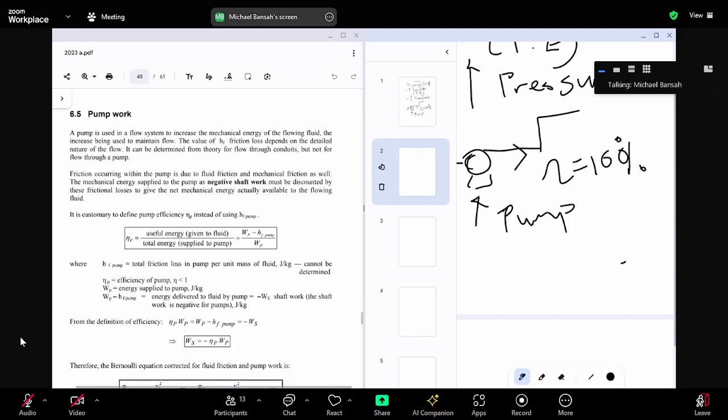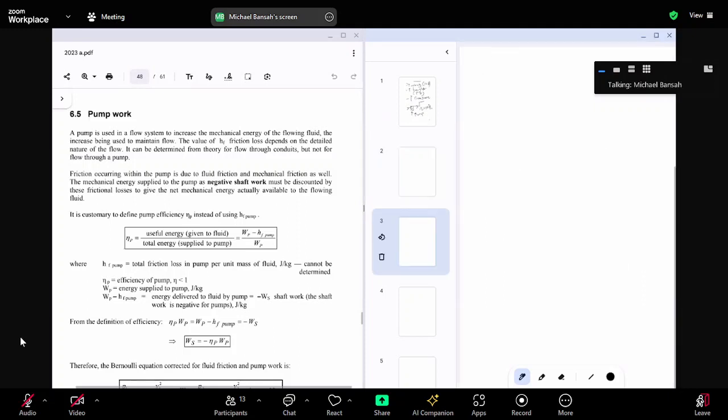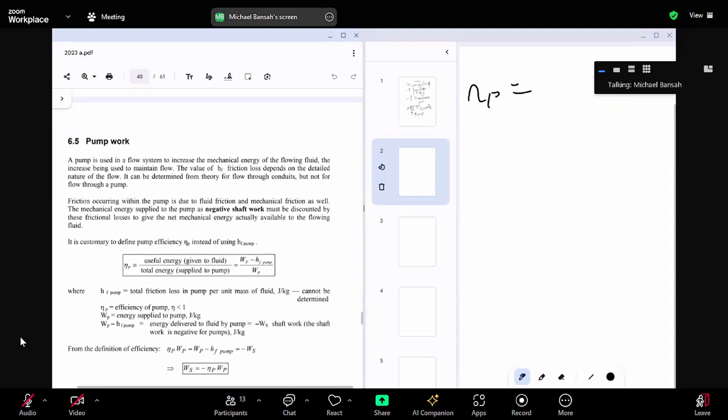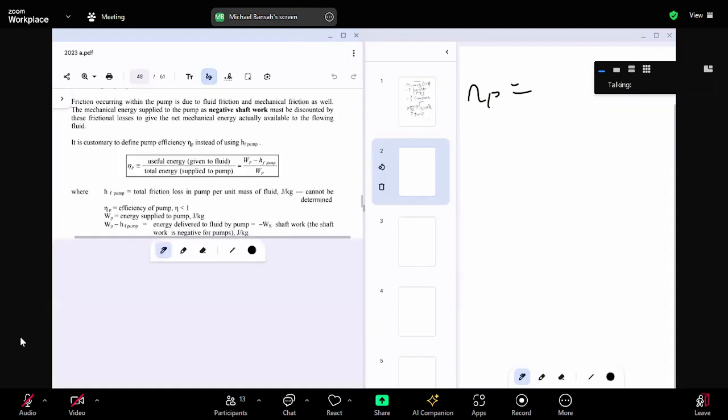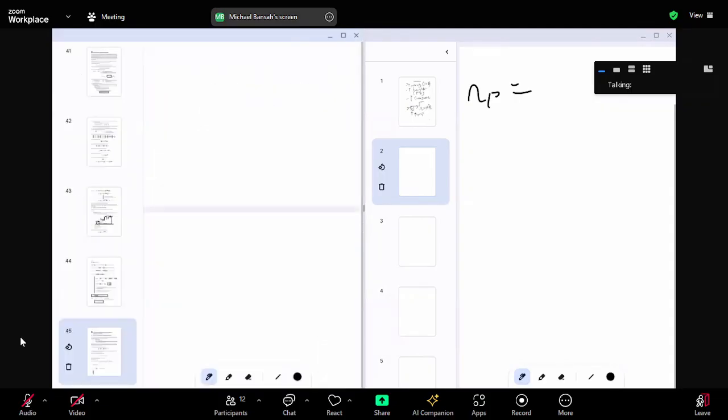So that formula, let me go to my slide too. That formula is giving us the efficiency of the pump is equal to the useful energy. Now look on the screen. What did I just do?